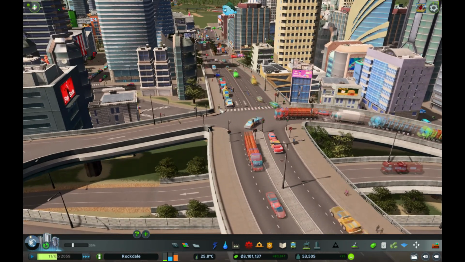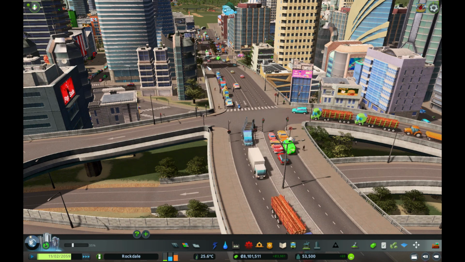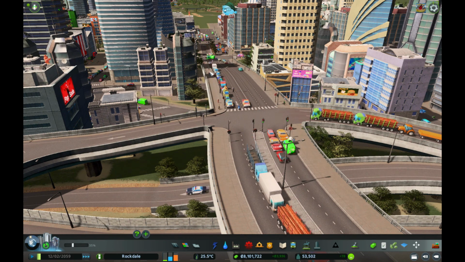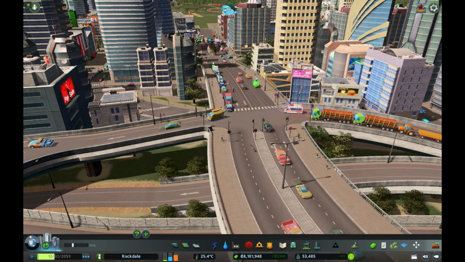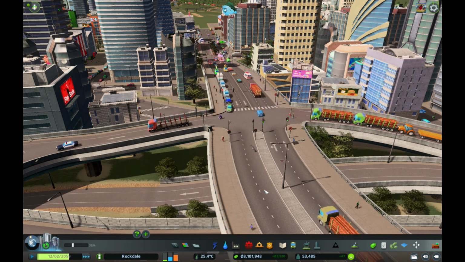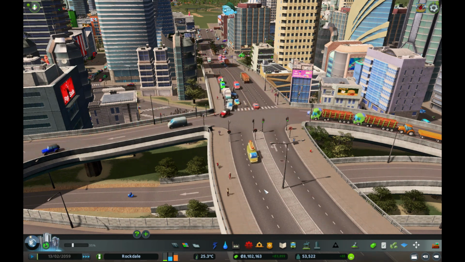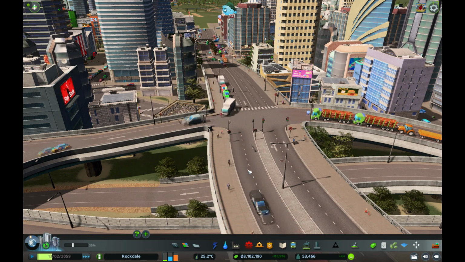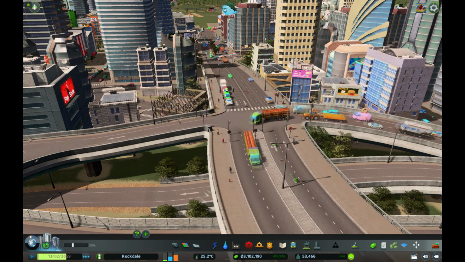Why? Because there's a constant stream of pedestrians. Now, if I could take the pedestrians off this, see? They're starting to bottleneck already. They're just going to grow and grow and grow. See how slow they go through there?